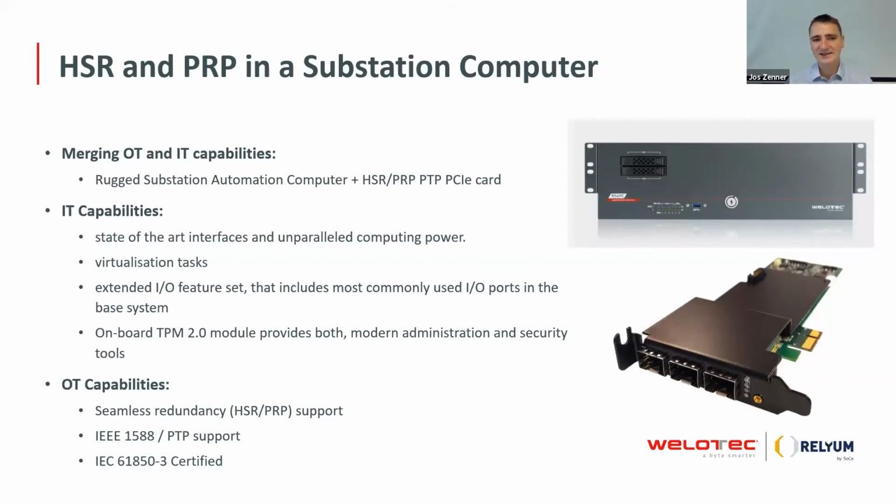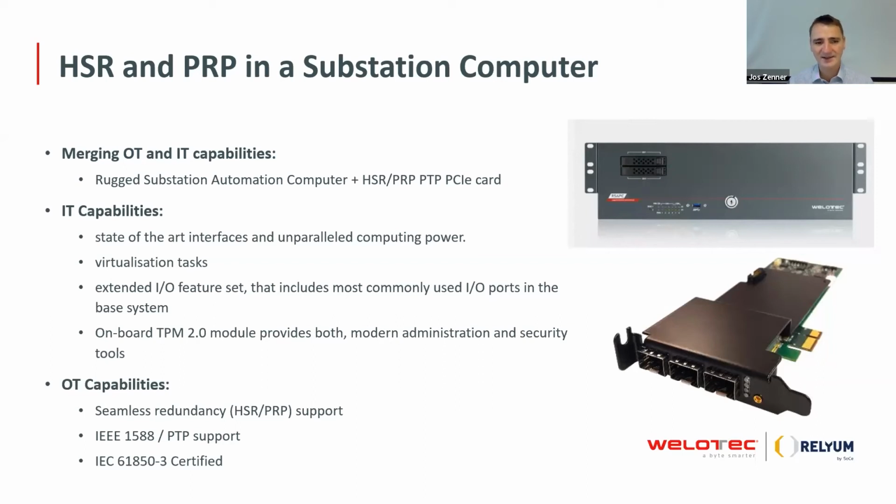In addition, the server itself can really concentrate on the applications and virtualization tasks. If you're running gateway, HMI, and so on in parallel, or moving down to protection and control for the process bus, you don't need 24-core servers, but can do everything with lower servers in a fanless operation.